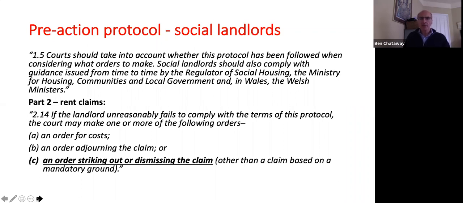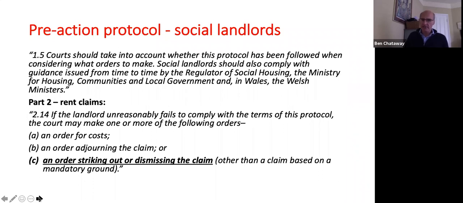The current protocol has been there since 2015. And it has always said that if the landlord unreasonably fails to comply with the terms of the protocol, the court may make an order striking out or dismissing the claim.